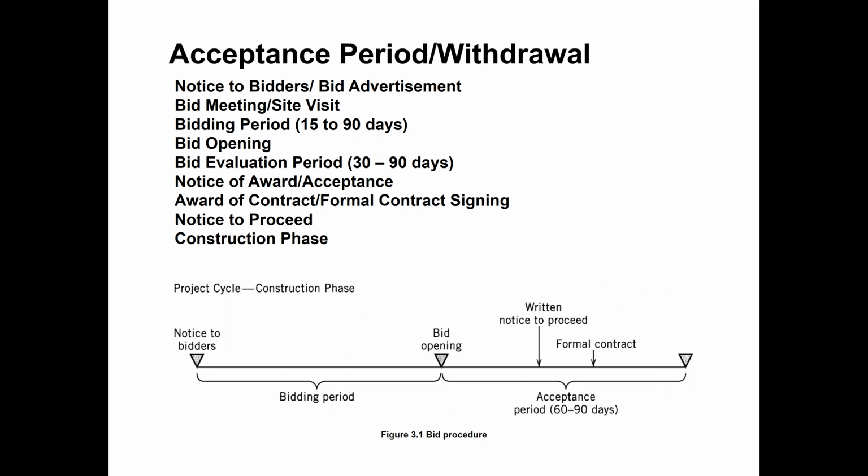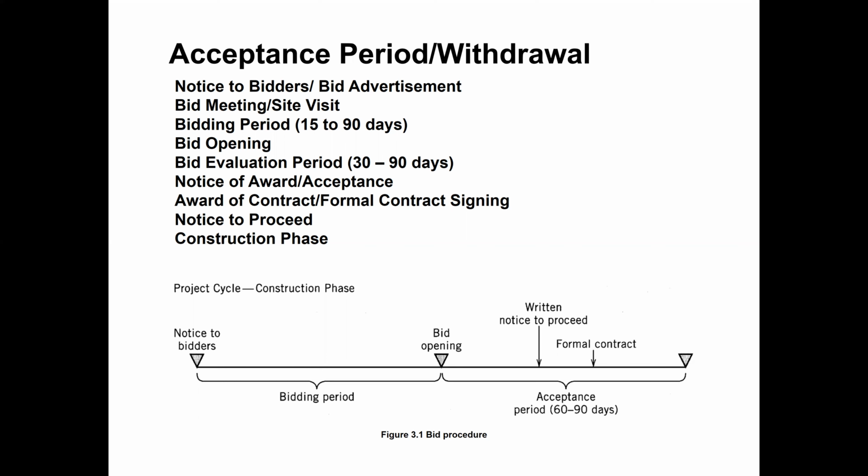Then on the same day, all the bids will be opened in front of the construction companies, all those contractors who have submitted a bid. The price of each contractor will be announced loudly, so that every contractor and competitor knows who is the lowest in the bidding price.